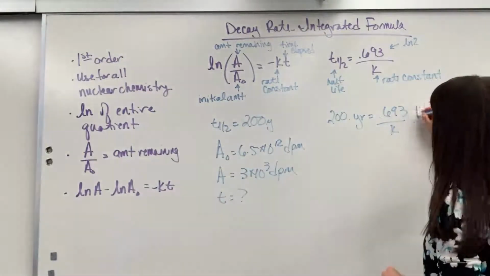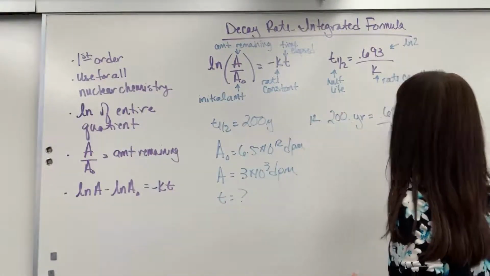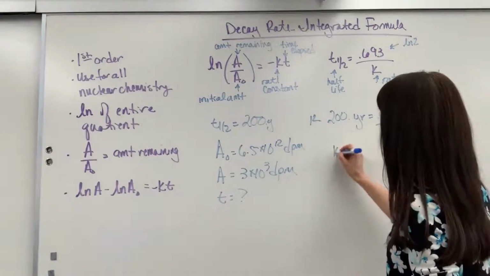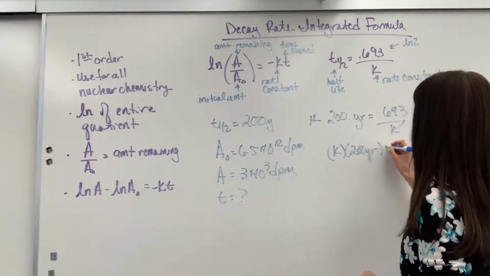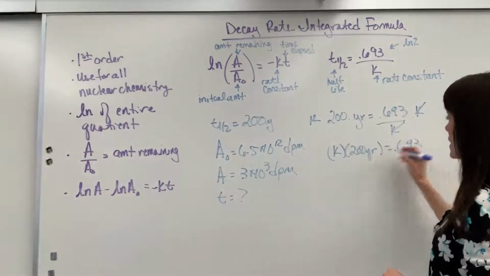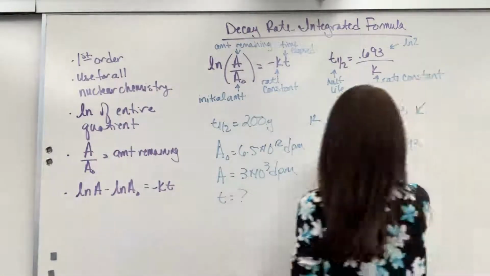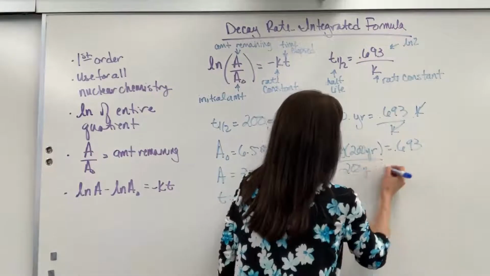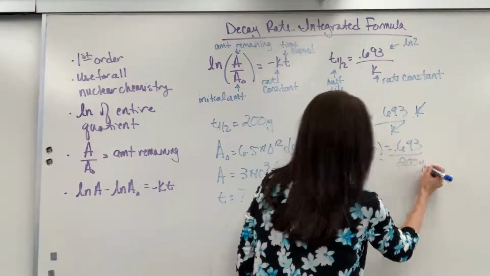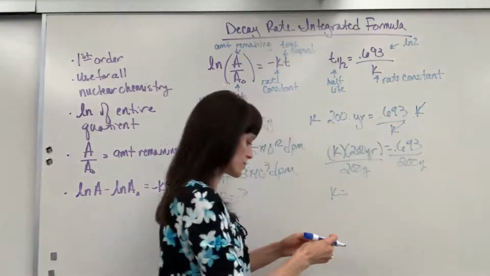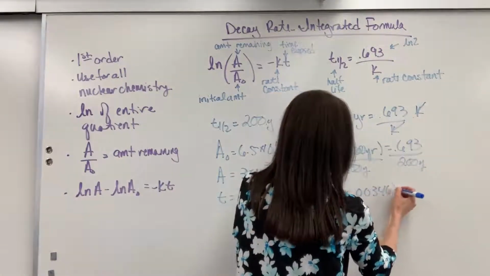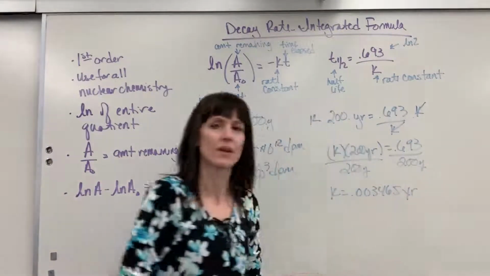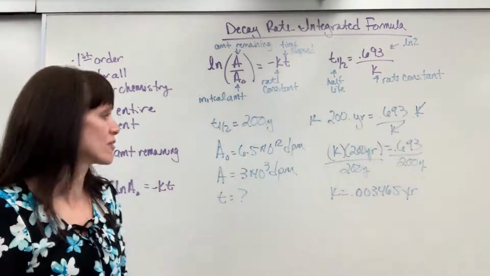So I'm going to multiply both sides by k, and then I'll take my k times 200 years, and let's divide both sides by that 200 years. And k is going to equal 0.003465 per year.